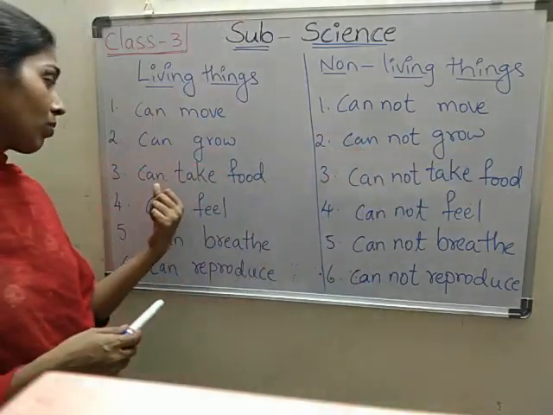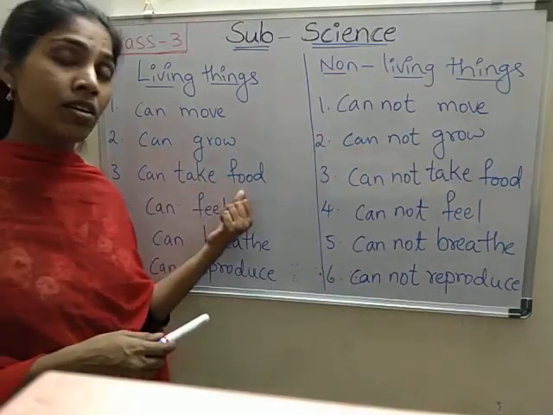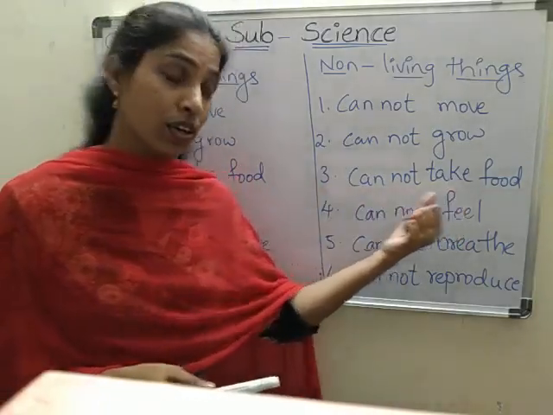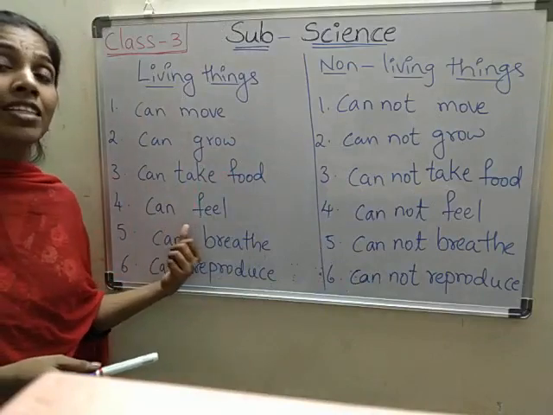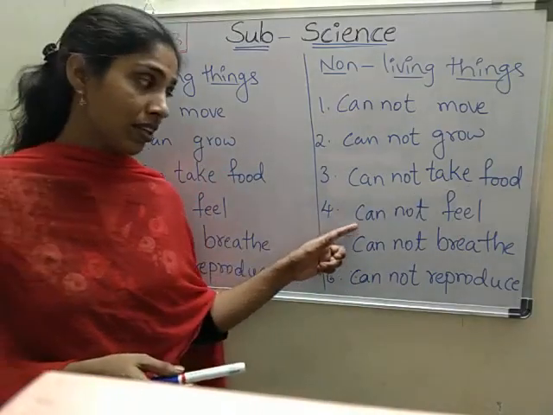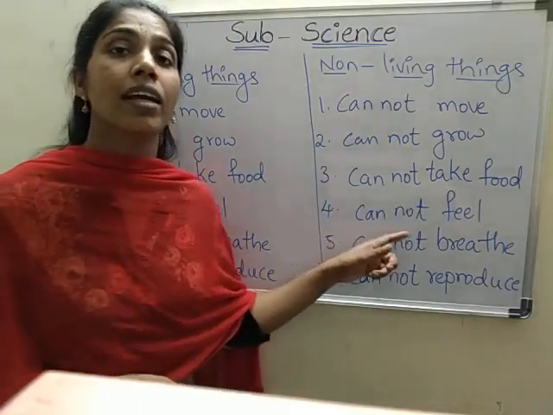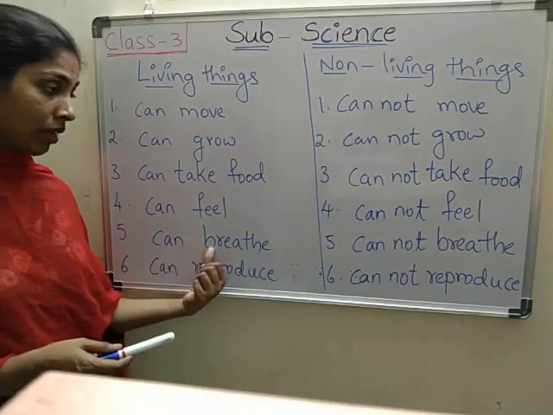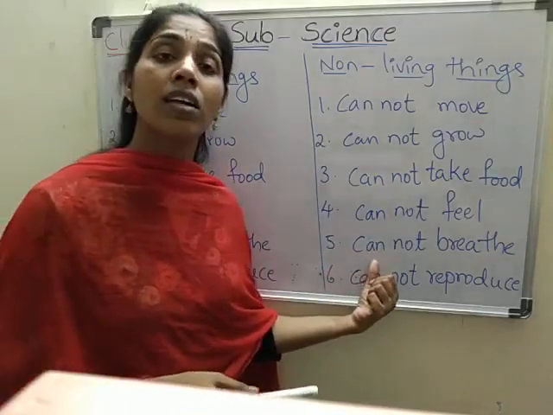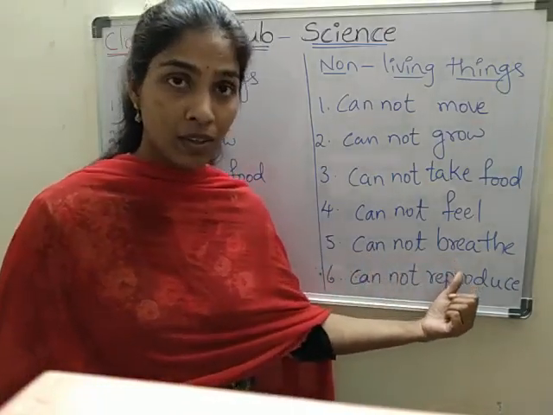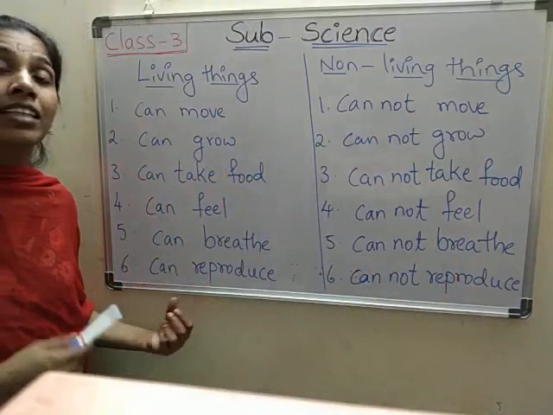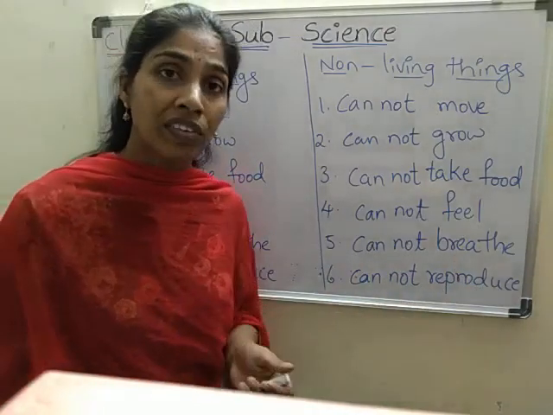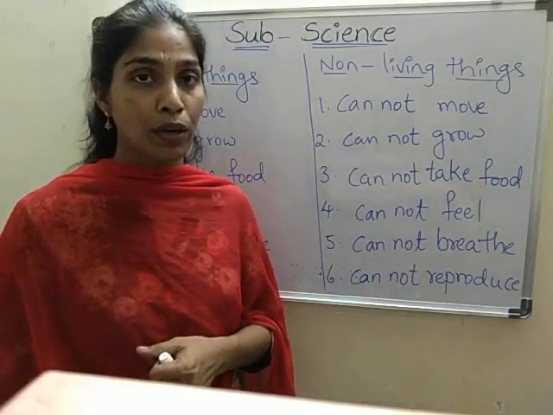Living things take food, whereas non-living things cannot take food. Living things can feel, and non-living things cannot feel. Living things can breathe, whereas non-living things cannot breathe. Living things can reproduce, and non-living things cannot reproduce.